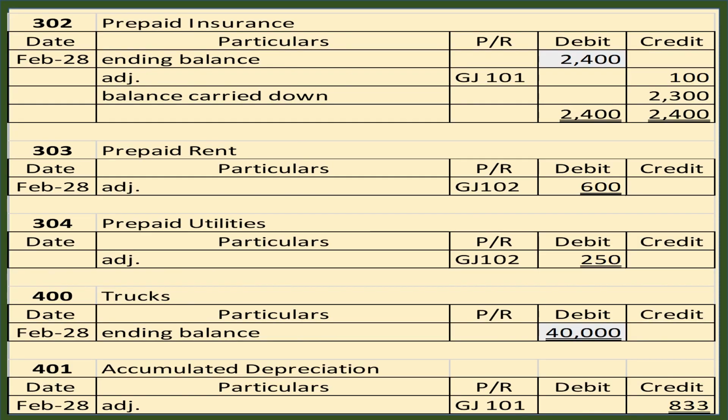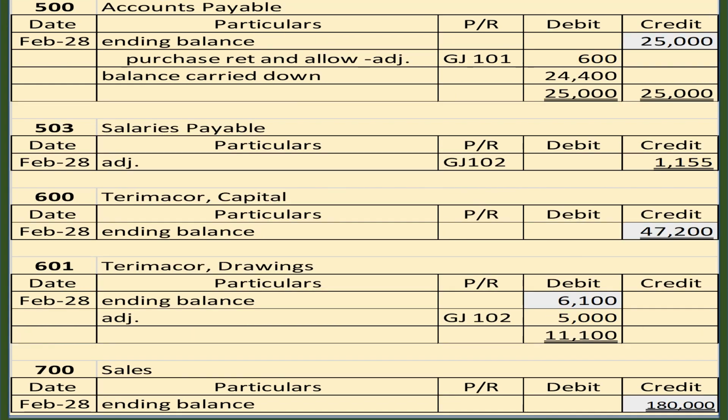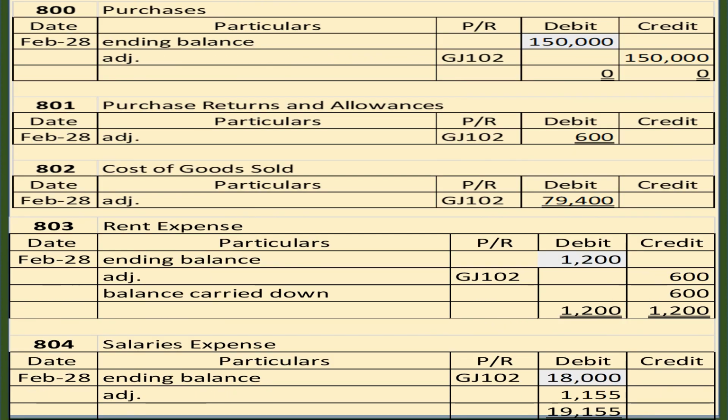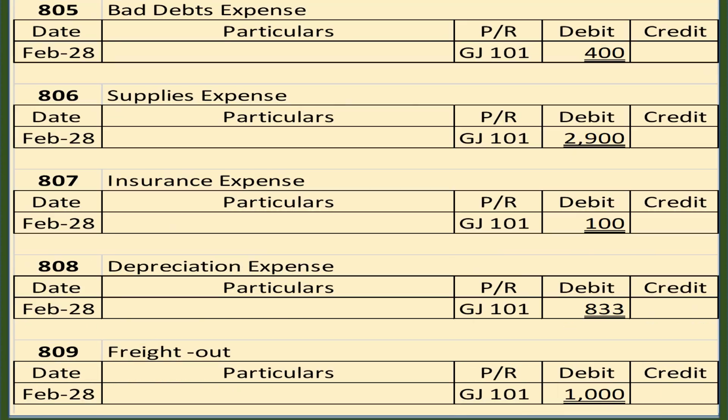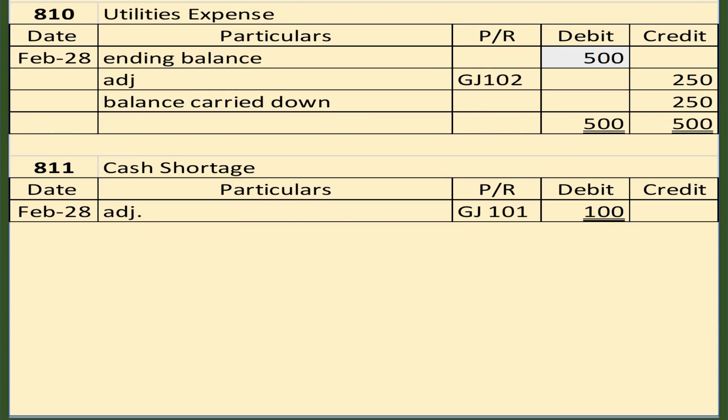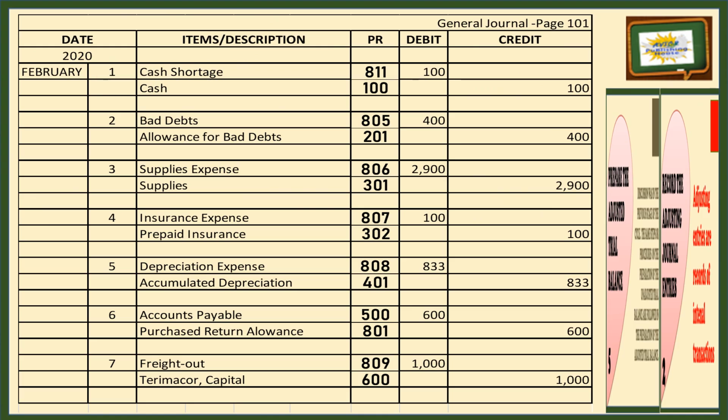So after all ledger accounts have been posted and cross-referenced, the journal will appear like this. There is already a posting reference entry.